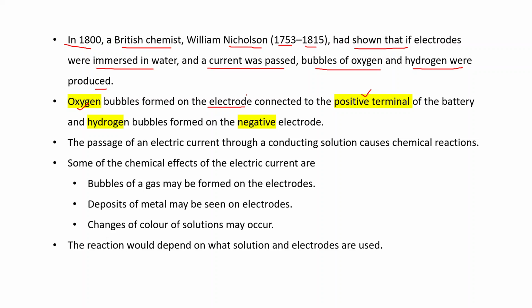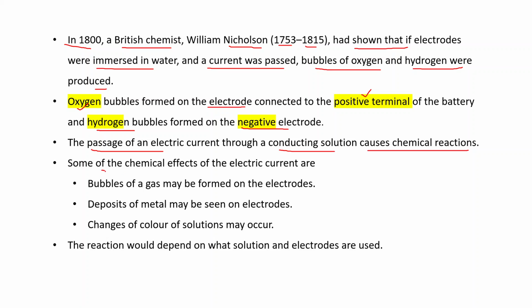Oxygen gas is liberated at the positive electrode, and hydrogen bubbles formed on the negative electrode. The passage of an electric current through a conducting solution causes a chemical reaction, or chemical change. So simply we can say that electricity produces chemical effects.